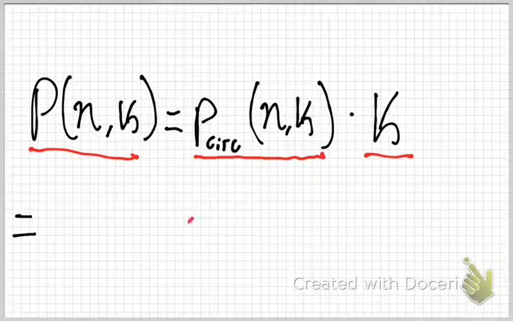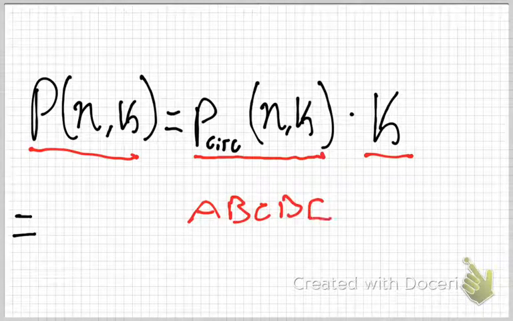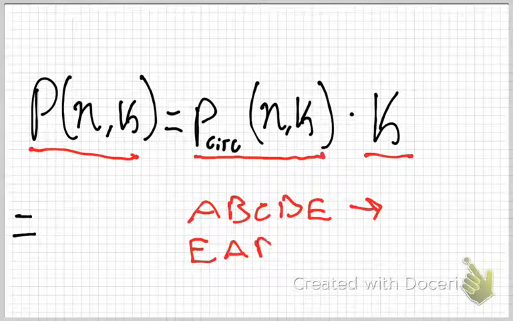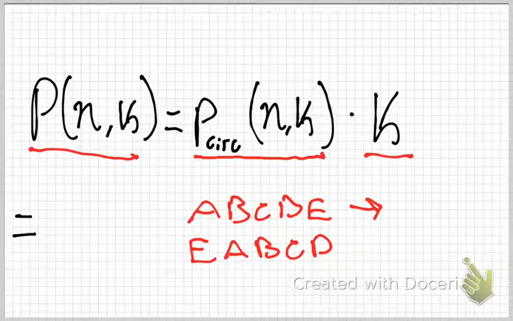Let's say A, B, C, D, E was our regular permutation, and then we just shift everything over to the right by 1. And the thing that's at the end, we just wrap it around. So E is at the end. I'm gonna shift everything over to the right by 1 and just wrap E around: E, A, B, C, D. And we could do that a total of 5 times.